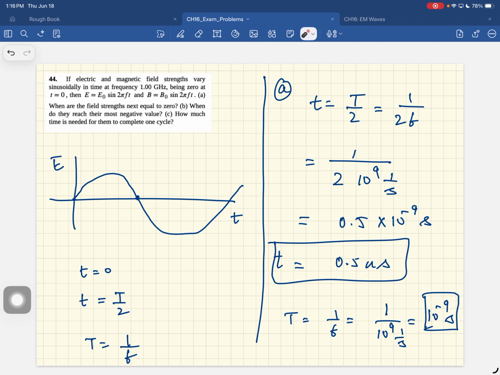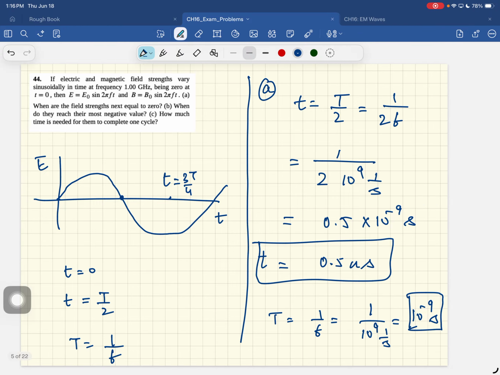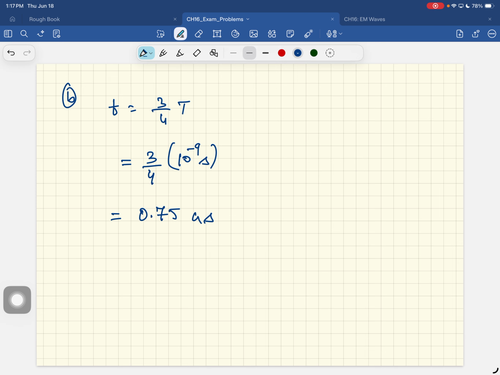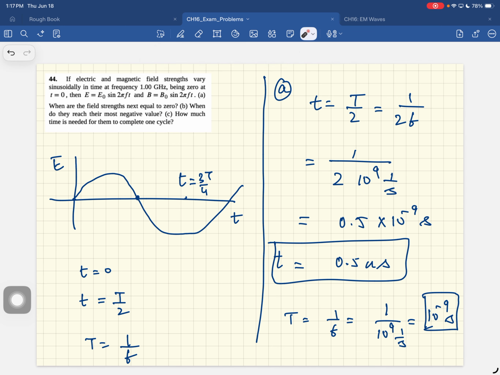All right, what is the maximum electric field strength? Okay, so E max or B max, you want to see. 6.45 times 10 to the minus 3 volts per meter.